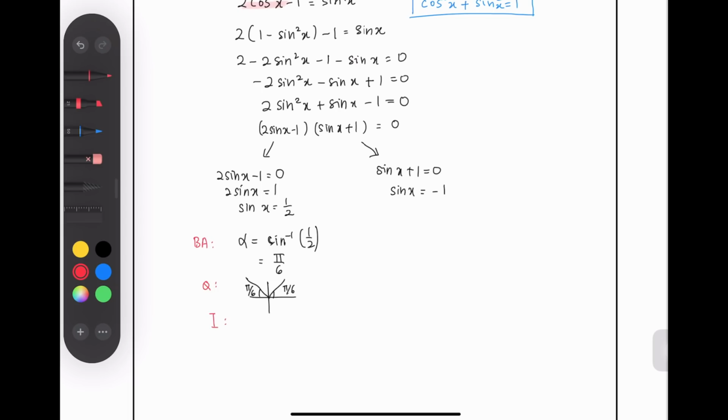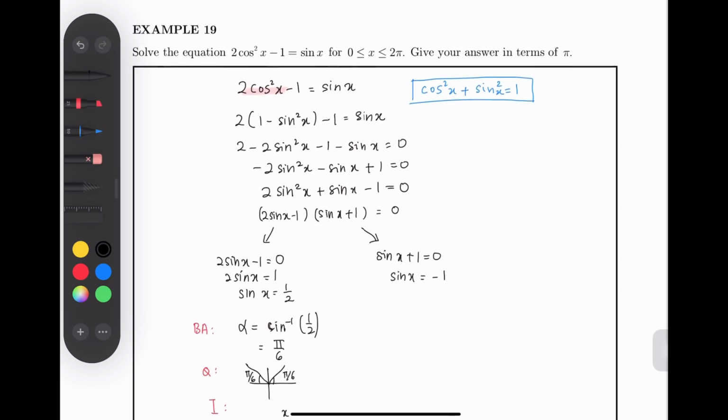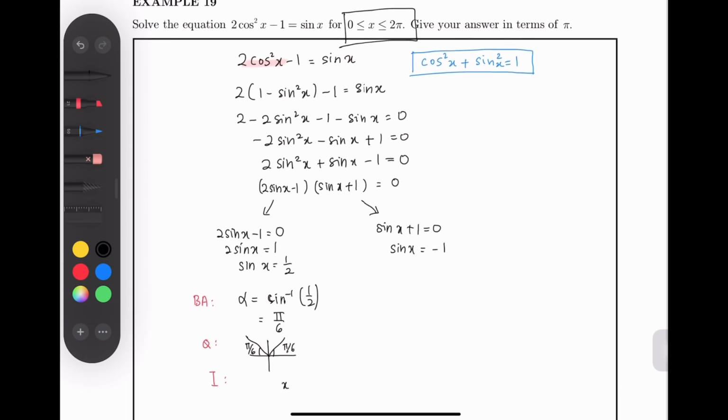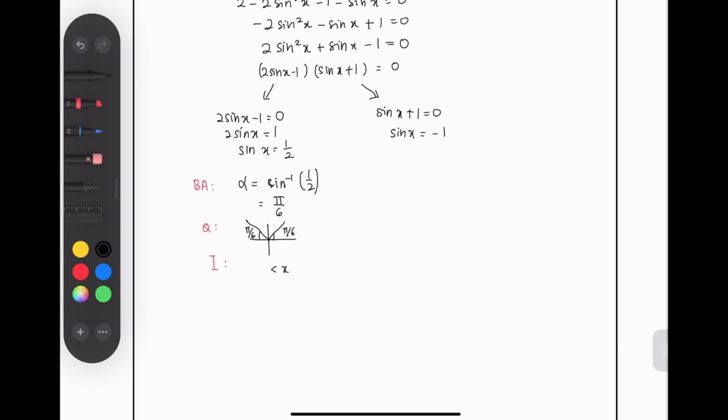The third step is for the interval. So x, from the question, you can see clearly the interval is from 0 to 2 pi, inclusive. And the last one, rotate.